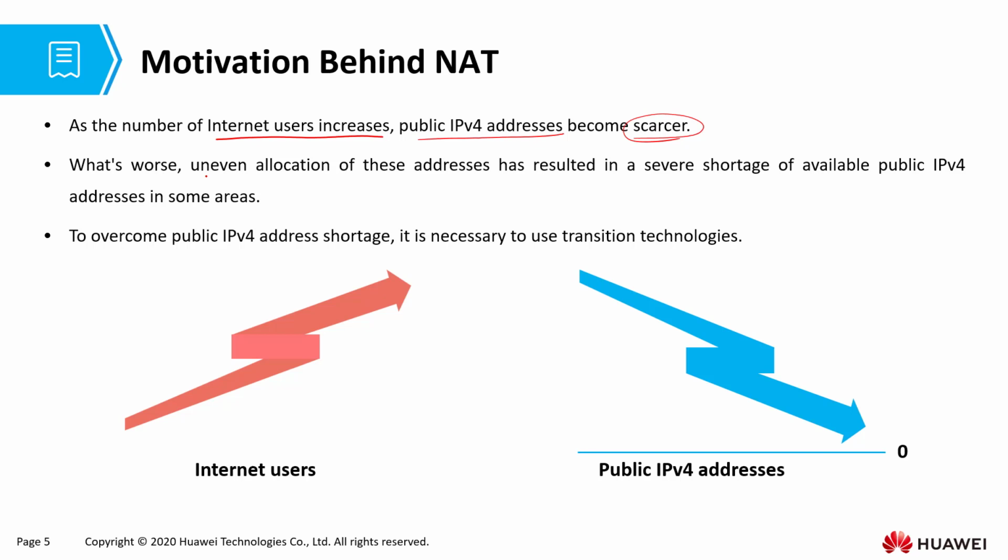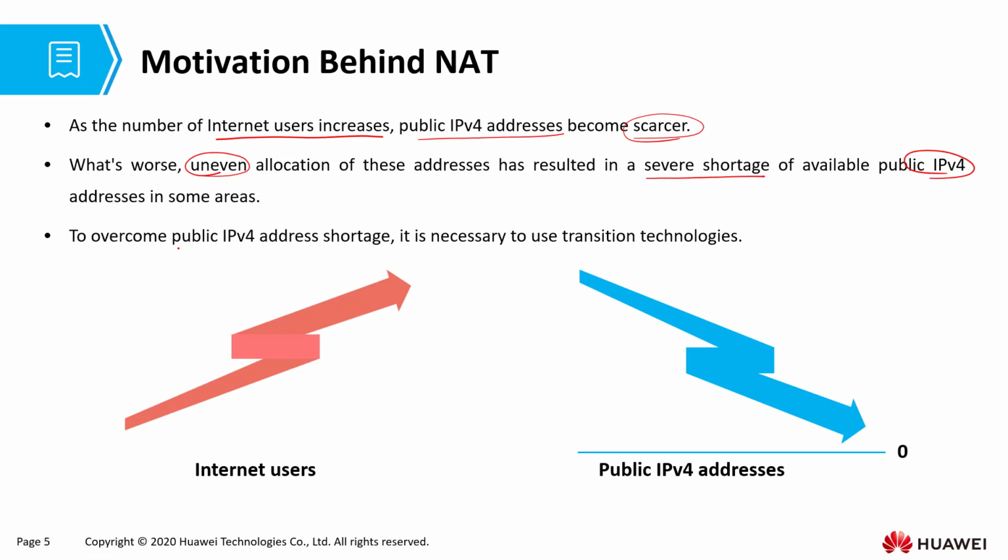And what's worse, there is uneven allocation of these public IPv4 addresses, and that has resulted in severe shortage of IPv4 addresses in some areas. Actually, there are areas which no longer have IPv4 addresses at all, while others have extremely few that are right now in the hands of internet service providers.